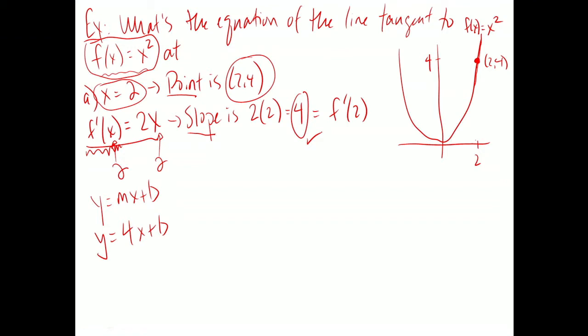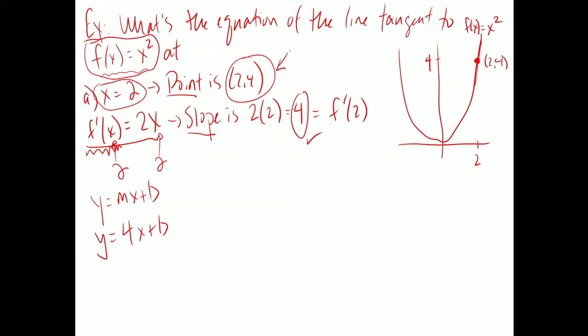How do I figure out b? I have this point, (2, 4), which means the line I'm trying to compute has to go through that point. If I plug in x equals 2, I need to get y equals 4 as an answer, because that's the only way to guarantee that it goes through that point.